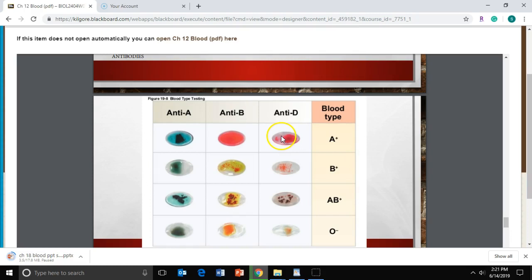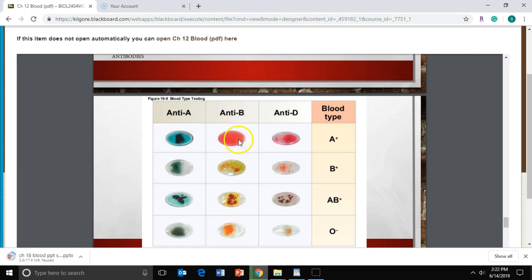So if a person has positive blood, then they're going to have this agglutination or clumping if they have that. So let's look at this one. Let's look at this well first. When anti-A is in this well, it caused the cells to agglutinate or clump. That means there is an A antigen on the surface of the red blood cells. In this well, when anti-B was put on it, it didn't clump.